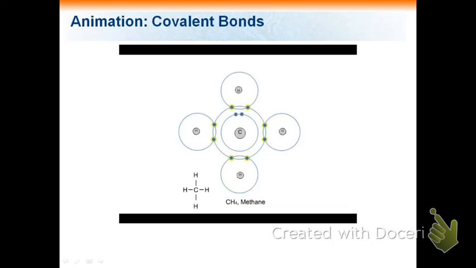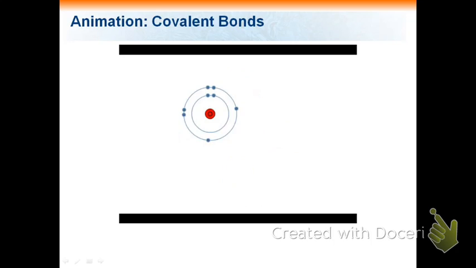Methane is a compound, a substance formed by the combination of 2 or more elements. We call methane natural gas. It is the fuel burned in gas stoves and furnaces. An oxygen atom needs 2 additional electrons to fill its outer shell. Thus it can form 2 single covalent bonds. An oxygen atom can share electrons with 2 hydrogen atoms, forming a molecule of water containing 2 single covalent bonds.